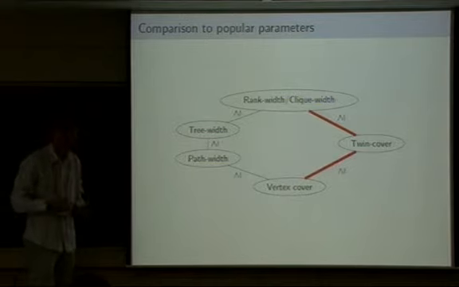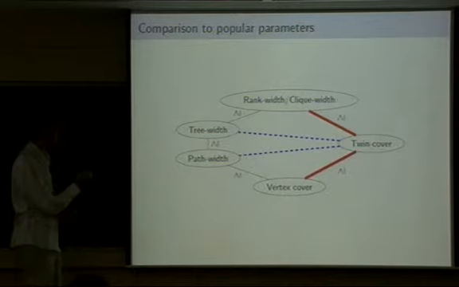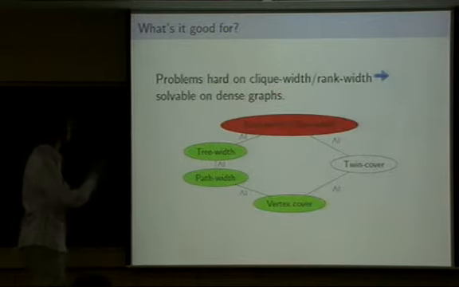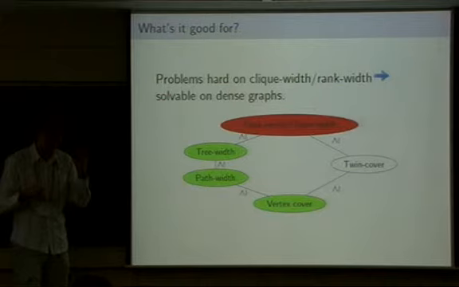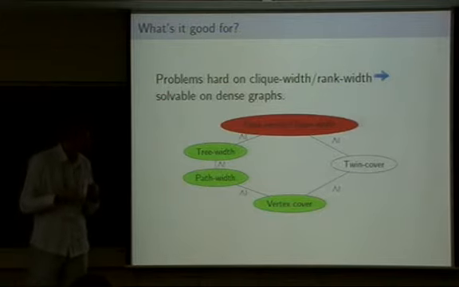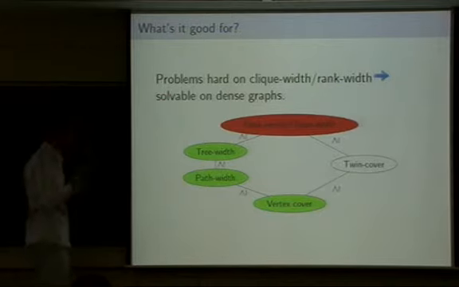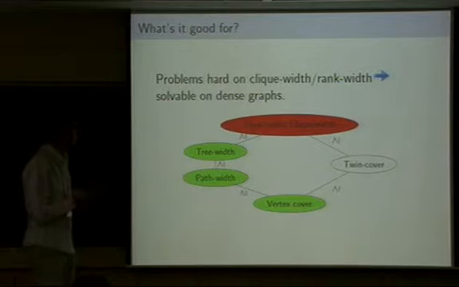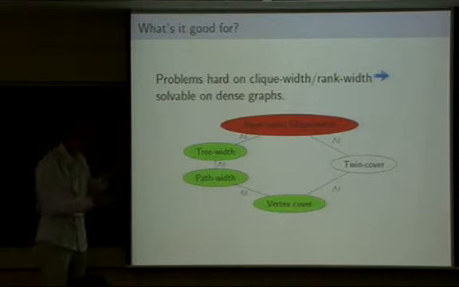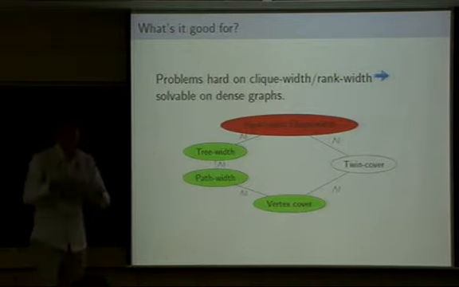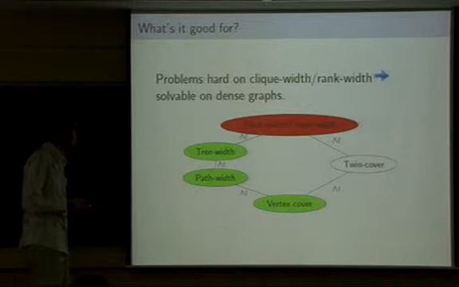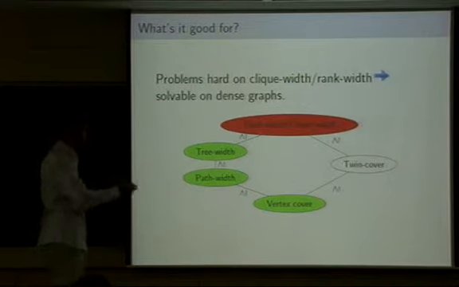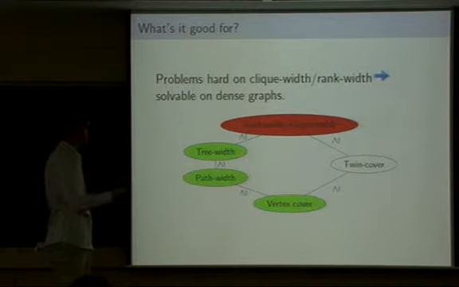So now to the core of this. What's it good for? There are basically two things this allows us to do, or maybe actually three, but let's just stick with two so far. First, if you have some problems which are hard on clique width or rank width, by hard I can mean NP-hard or W[1]-hard or hard in any sense of the word, then the hope is, and this works, that you can solve them on dense graphs of bounded twin cover.